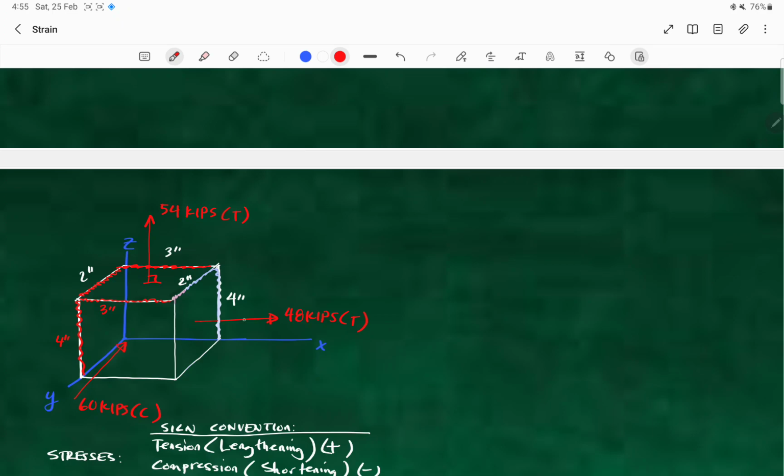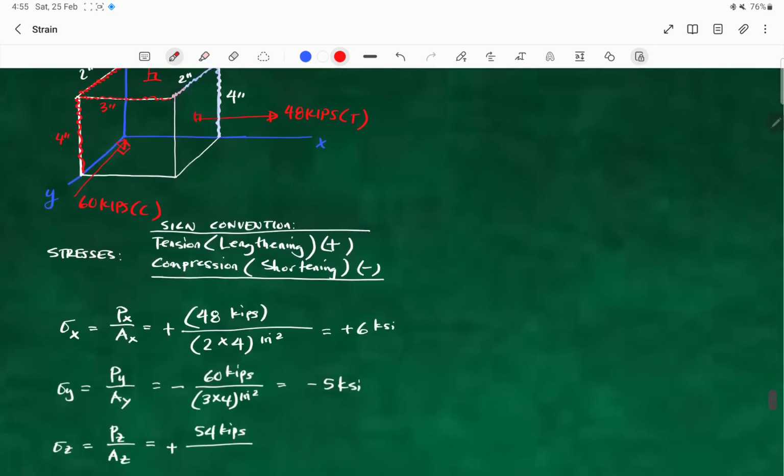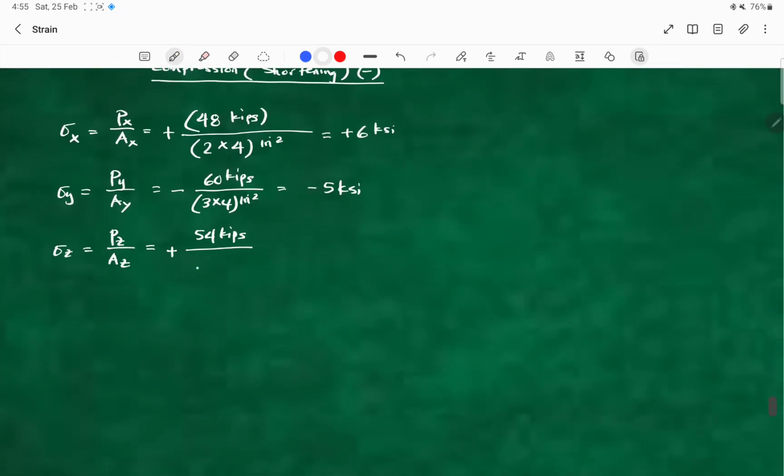Yung normal area, no? Laging ganun. Diba? Okay, so we have 2 inch by 3 inch. So this is inches squared. So bali yung unit nito is positive 9 KSI.